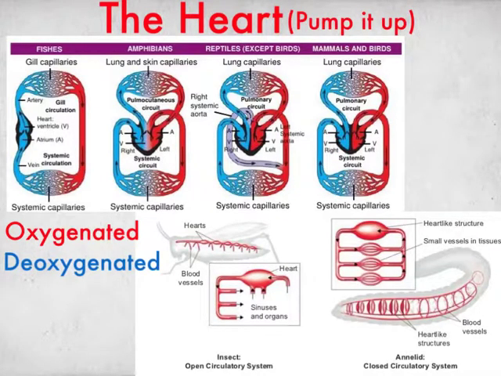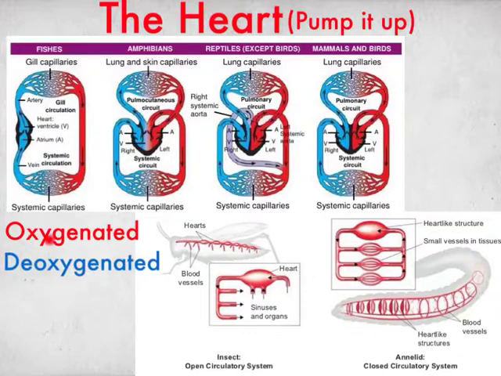The circulatory systems are very different, and as you can see, as the organisms get more complex, the hearts change as well. You go from a 2-chambered to a 3-chambered to a 4-chambered in the vertebrates. So, depending on the sophistication of the organism, the circulatory system, and more specifically the heart, is more sophisticated.